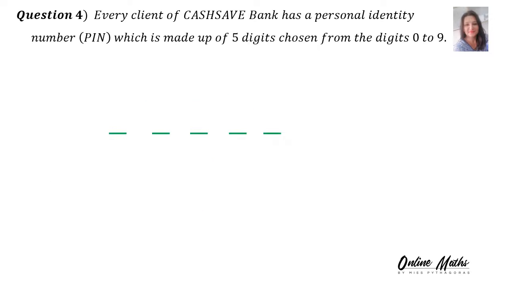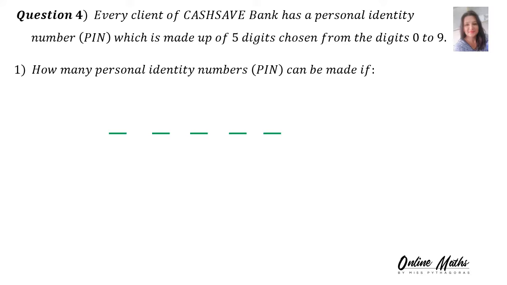Question 4. Every client of CashSave Bank has a personal identity number, a PIN number, which is made up of 5 digits chosen from the digits 0 to 9. And there you will see the 5-digit PIN. Question 1.